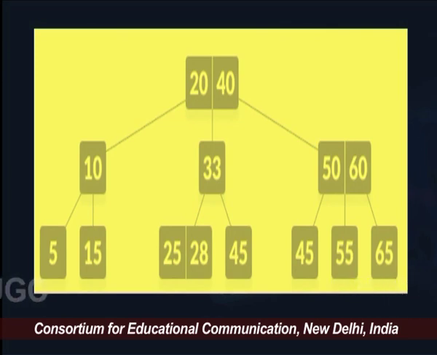It would not have been this merger only, 28 and 33. For example, I am assuming that I am going to keep 28 there only. For two keys we at least need 3 children, so there was a shortage of one child. In that situation we descended one key from the parent.